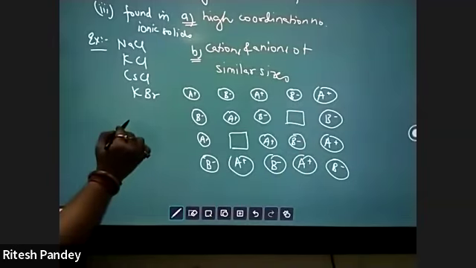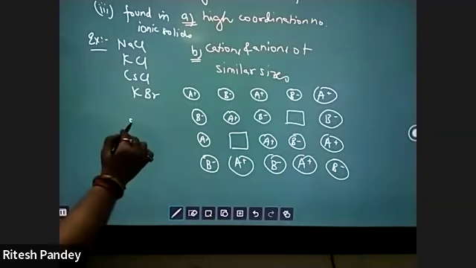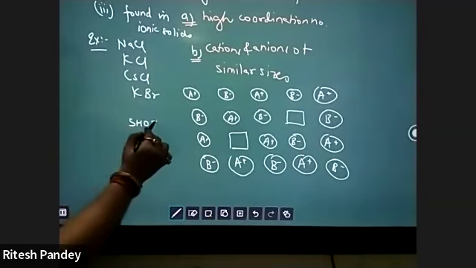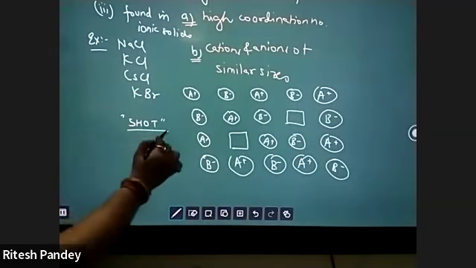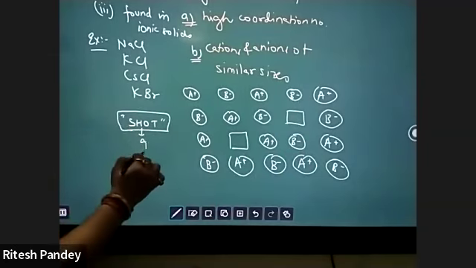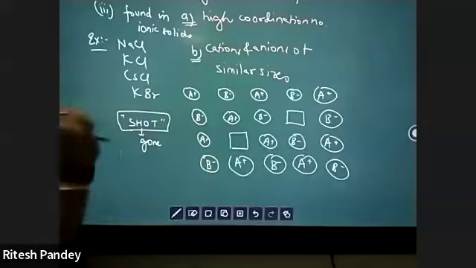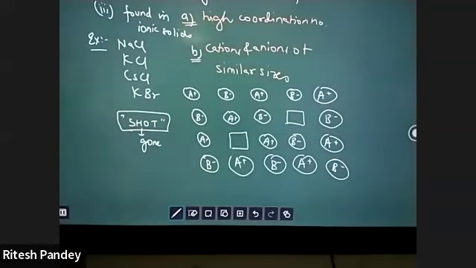Schottky. One way I try to remember it differently from Frenkel: Schott means something which is gone. So it's gone, missing. Schottky.